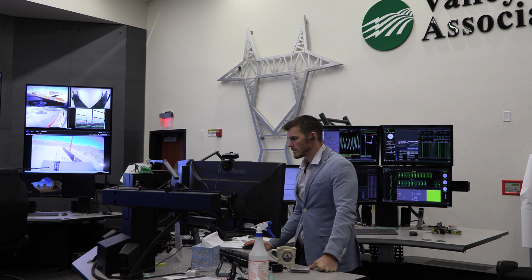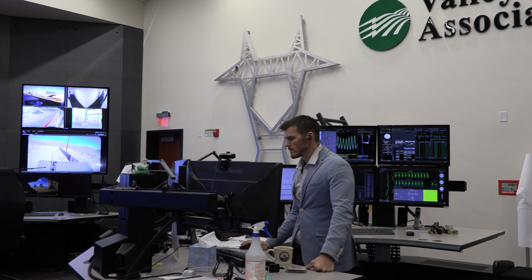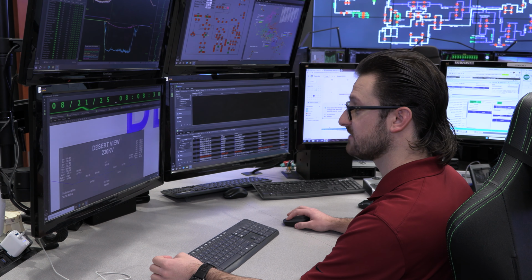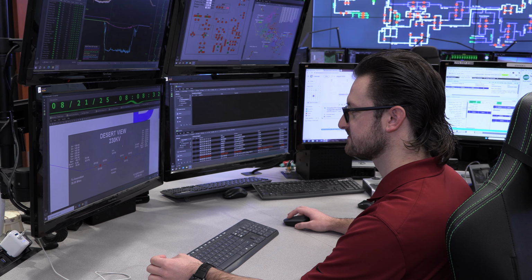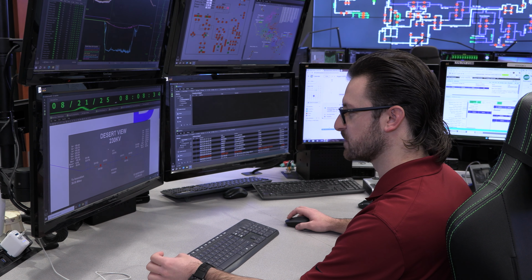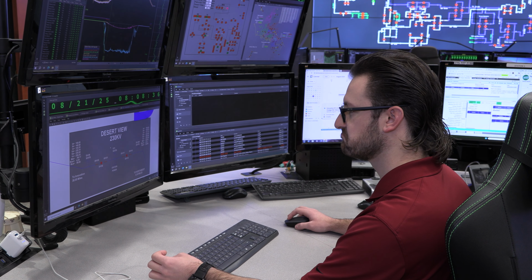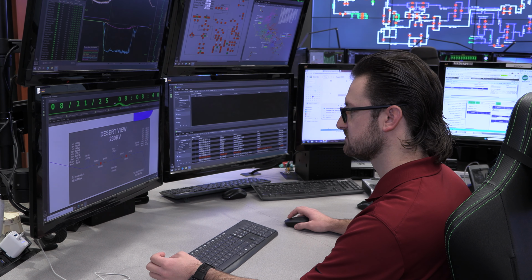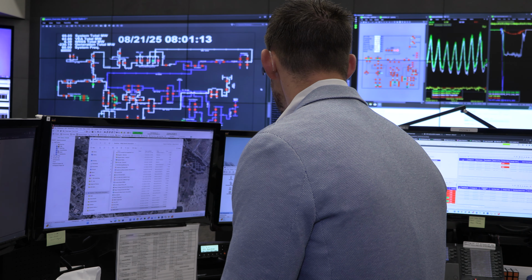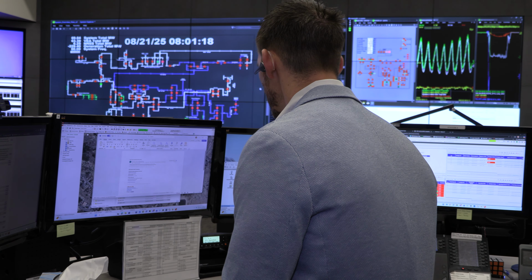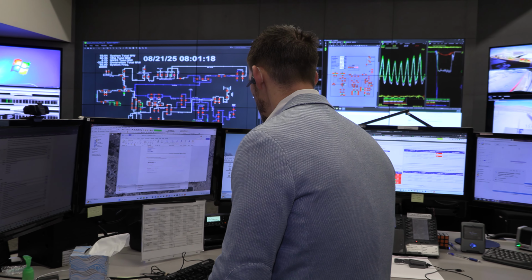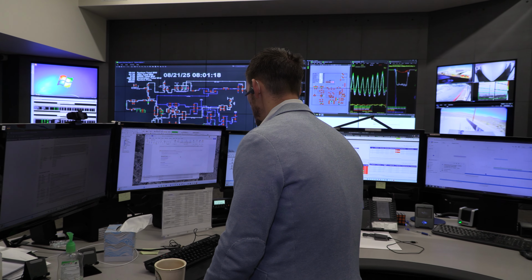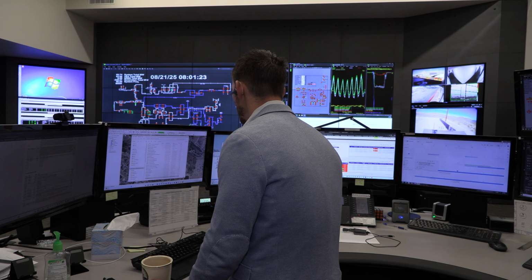Then we mitigate that by either taking action, adjusting what we have the ability to do through a computer system, or dispatching people to substations or various areas on the transmission line, and doing whatever needs to occur to keep those anomalies or problems from turning into something big.